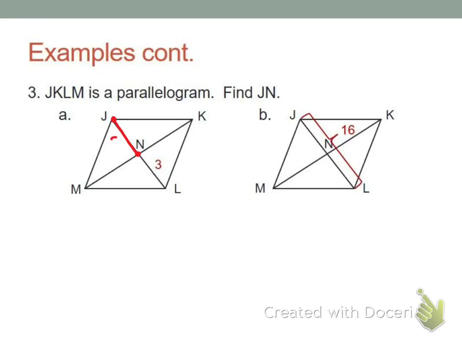Why is JN 3 for this first example? What's true about the diagonals from our theorems? They bisect each other, which means they split each other in half. So if NL has a measure of 3, JN has to have the same measure. They're both 3.